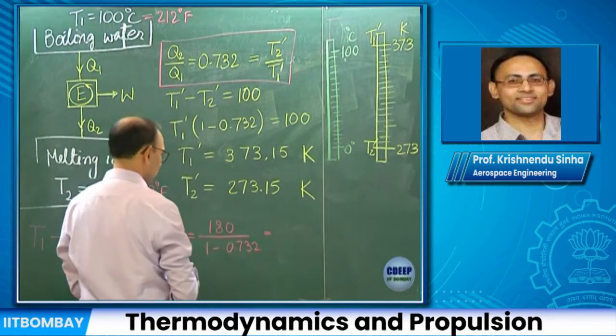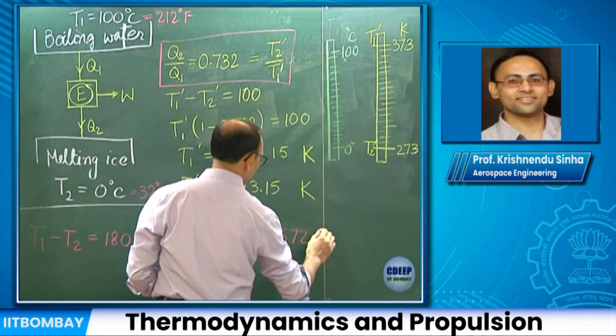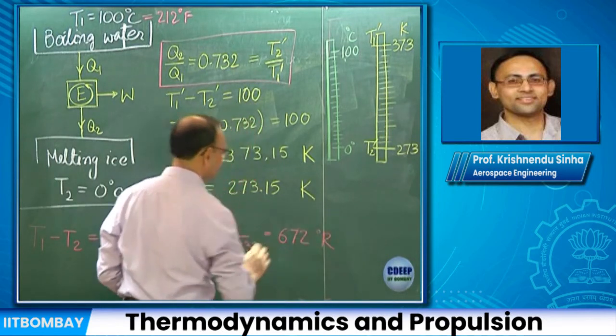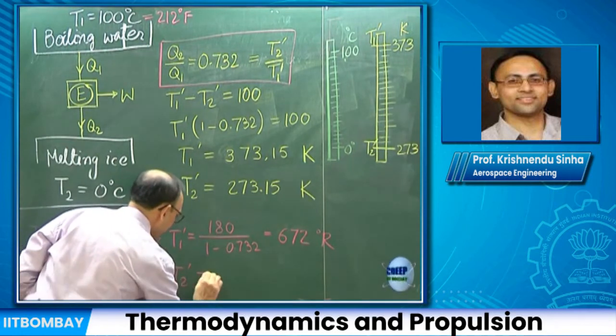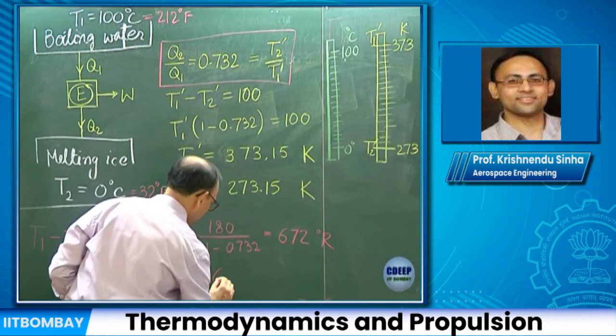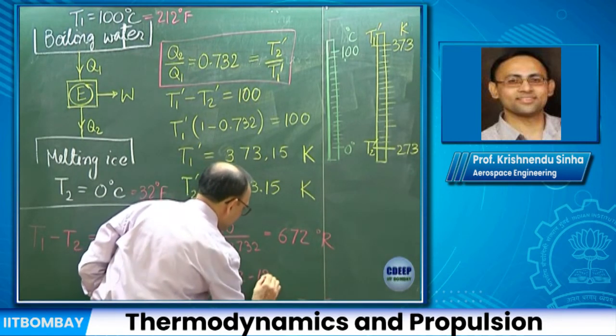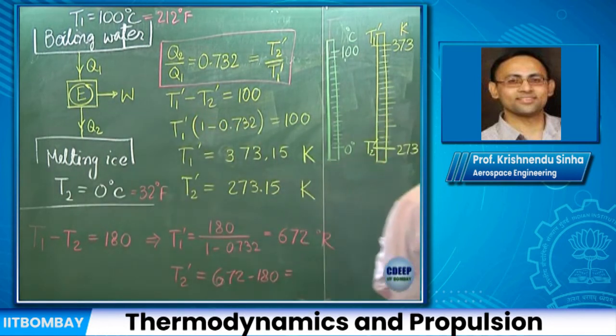Please check these numbers if you have a calculator. 672 degree Rankine. And T2 prime is 672 minus 180. That is probably 450 something. 490. 492.